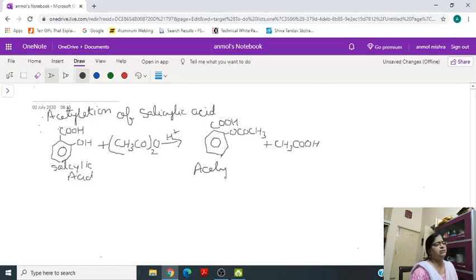Acetyl salicylic acid. Commonly it is known as aspirin. Aspirin is used as a painkiller, or you can say it is used as a mild reliever for fever also.